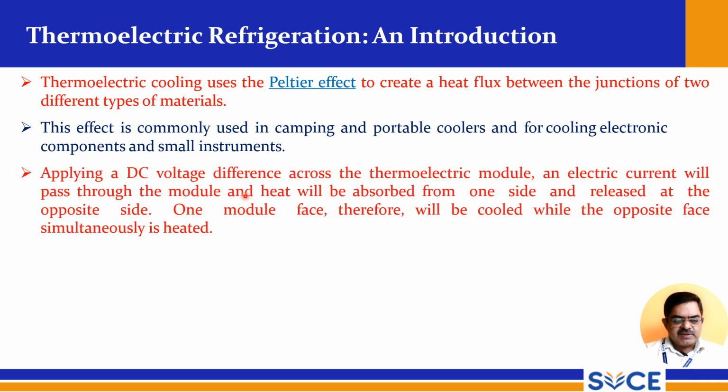By applying a DC voltage difference across the thermoelectric module, an electric current passes through the module and heat is absorbed from one side and released at the opposite side. One module face is therefore cooled while the opposite face is simultaneously heated.